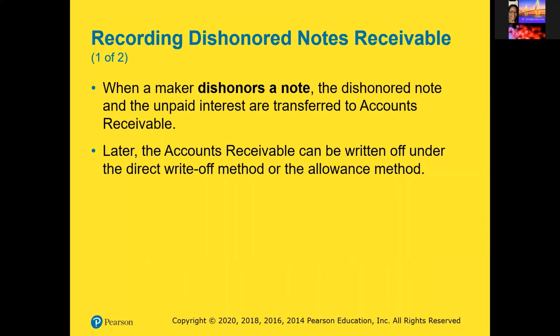When a note receivable is deemed uncollectible or goes into default, it is often first transferred to accounts receivable, along with any unpaid interest. We then apply our accounts receivable policies to determine when this new accounts receivable will be written off.